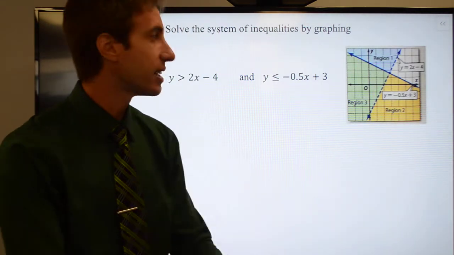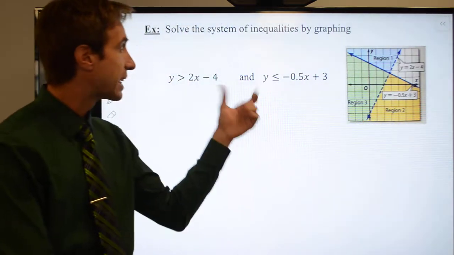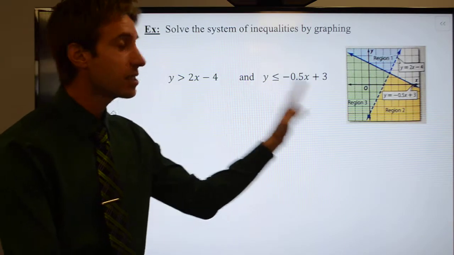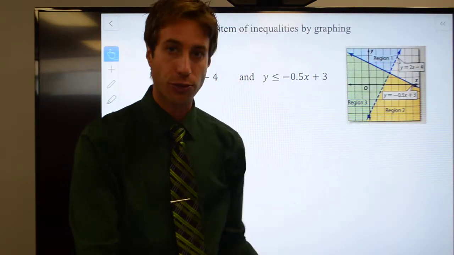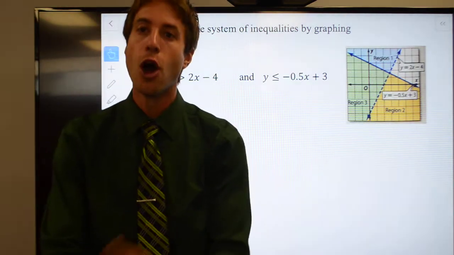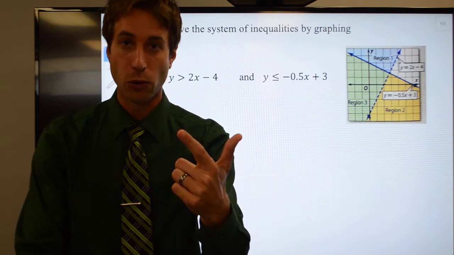So here's what this does. When I give you a graph that looks like this, I give you a system and I ask you which region, region 1, region 2, or region 3, is the solution region. Well, I've already done the graphing for you. I've already done the shading for you.